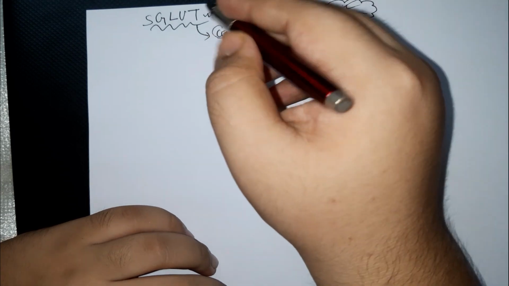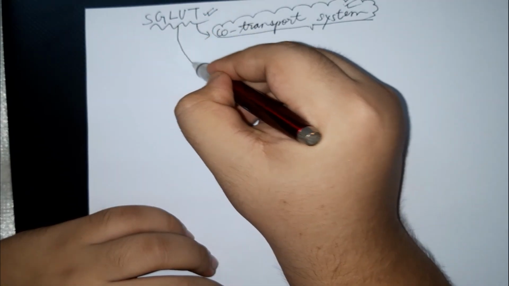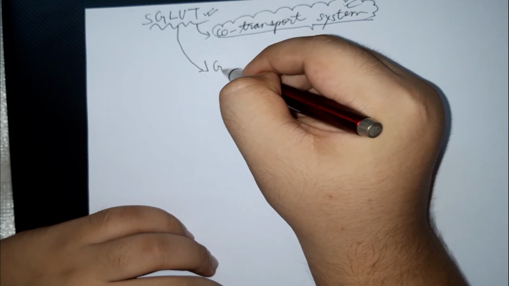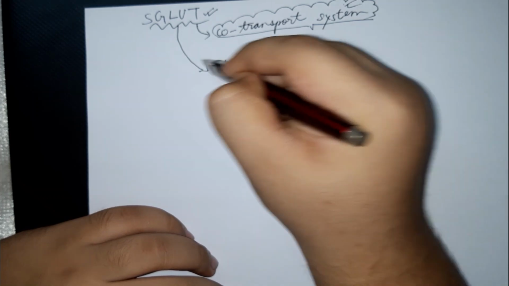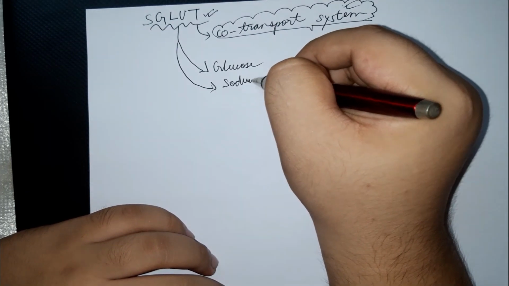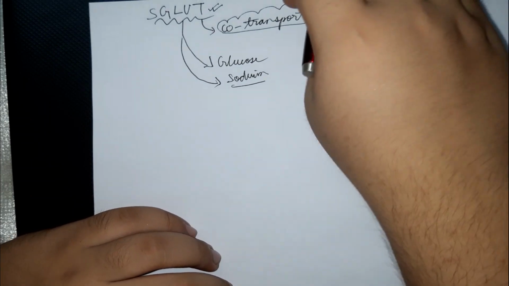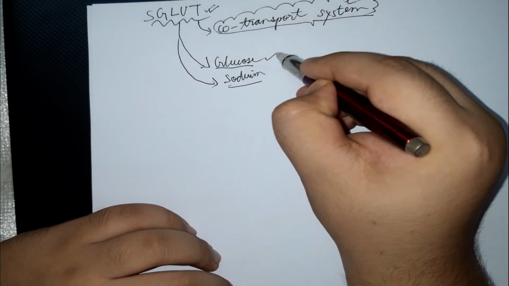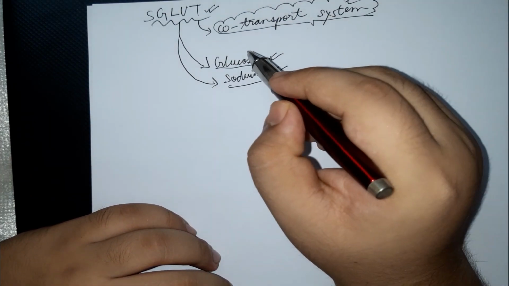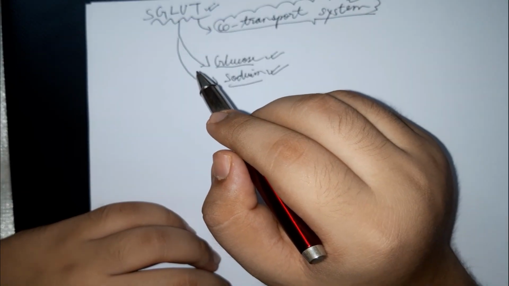So what are the two things that this S-GLUT transports? One is obviously glucose, right? And the other is also obviously sodium, because it's there in the name itself, sodium dependent glucose transport. So glucose and sodium, both of these are actually transported by S-GLUT, right?